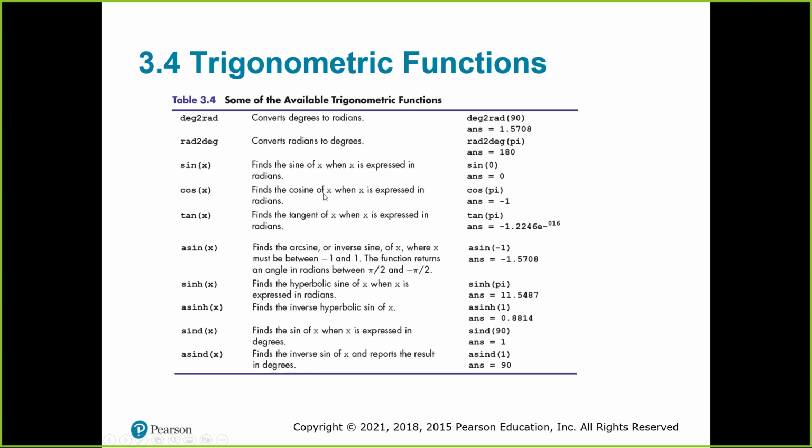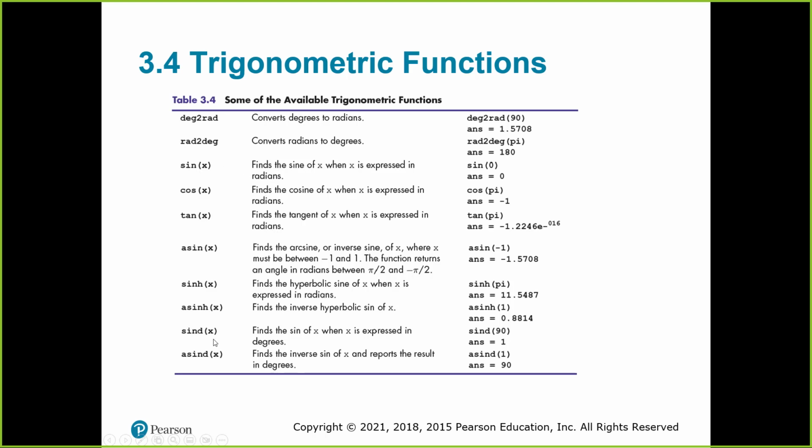Okay, so here's some things to remember in trig functions. You can use degtorad, which converts degrees into radians, and vice versa. They didn't show them here. So sin x gives you the sine of x in radians.